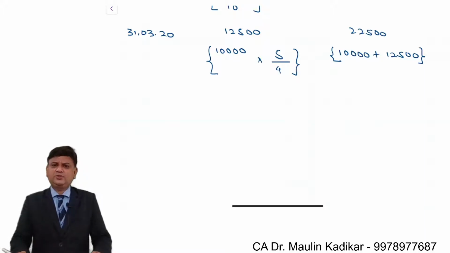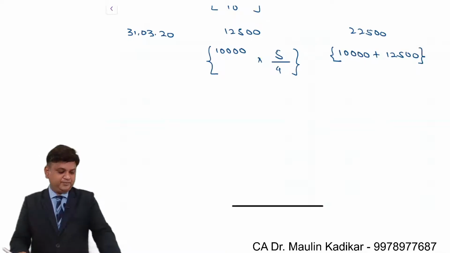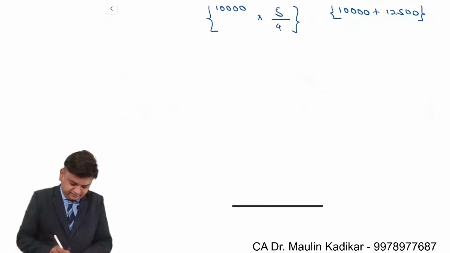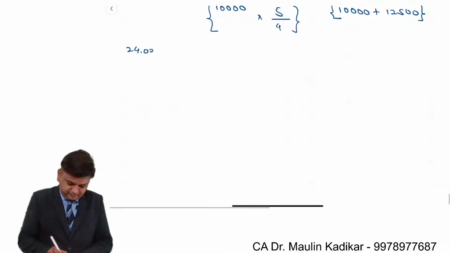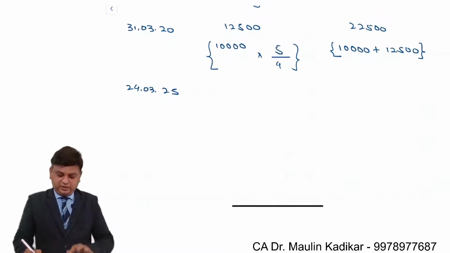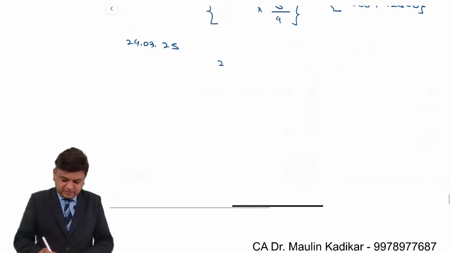Over here we don't have to see in this calculation process that what is the NAV on that respective date. The next is 24th of March 2025. In that, 1 for every 4 units held. So 22,500 divided by 4 into 1.